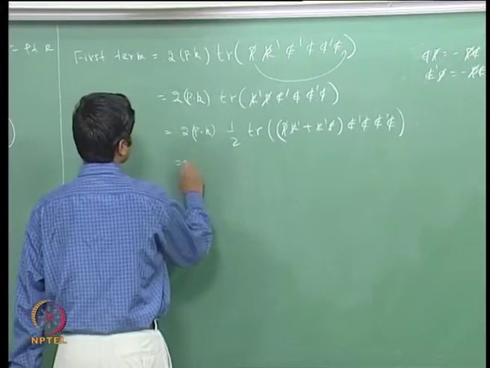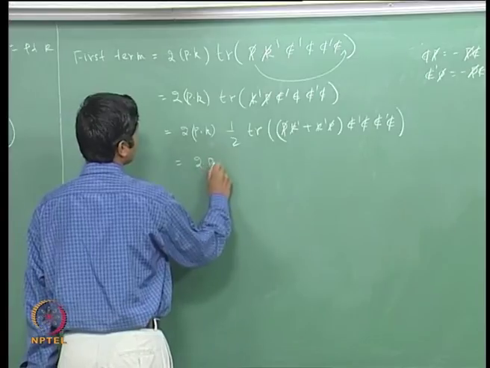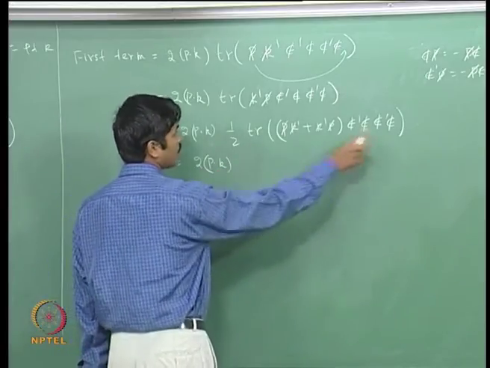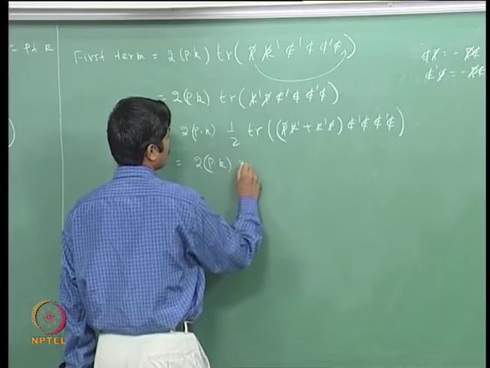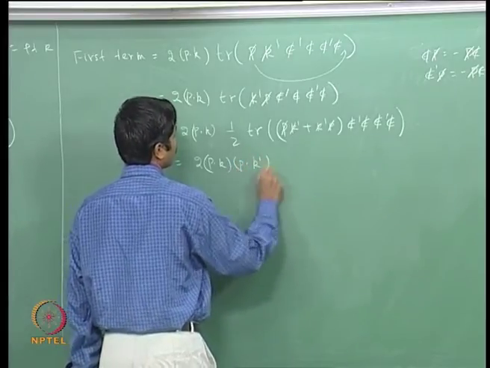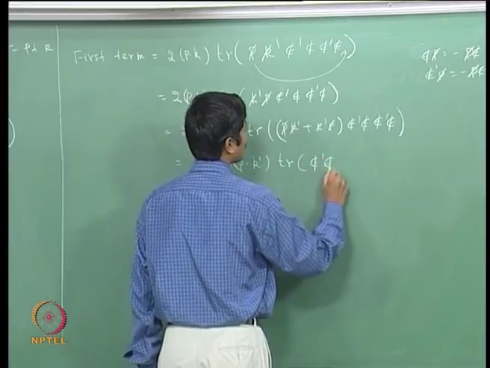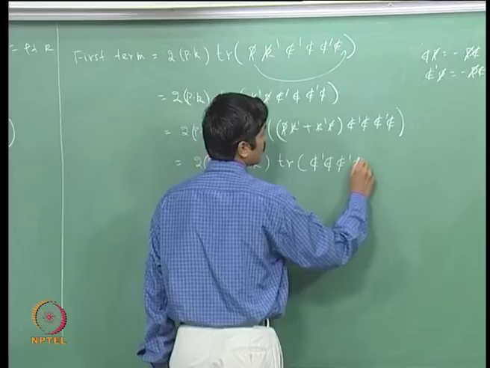So, therefore, what I get is twice p dot k times half times 2 will give me 1, p dot k prime trace of epsilon prime slash epsilon slash epsilon prime slash epsilon slash.